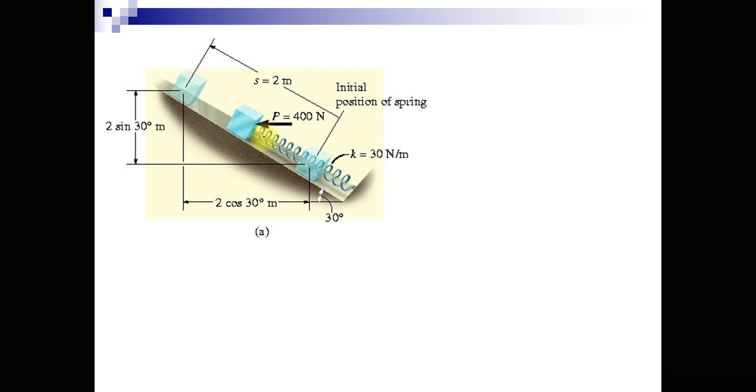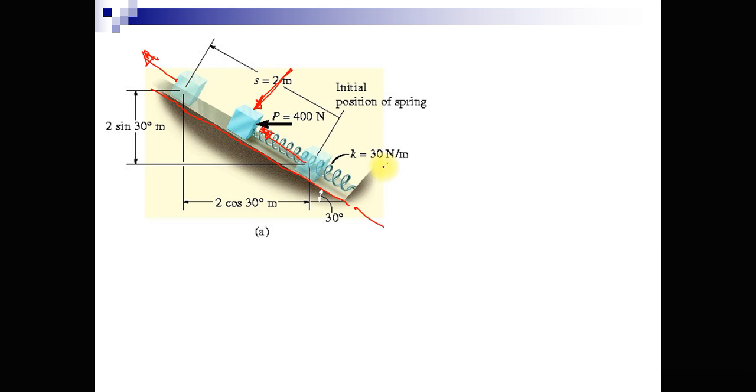Because the block is moving in this direction, we consider this plane as the plane along which the block moves. At the same time, we need to break the external force into components according to the plane.